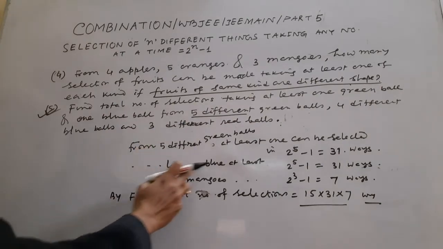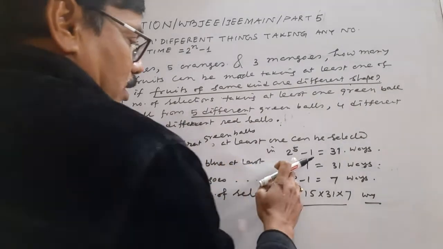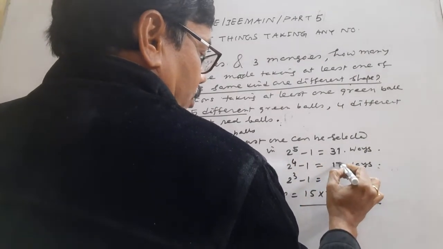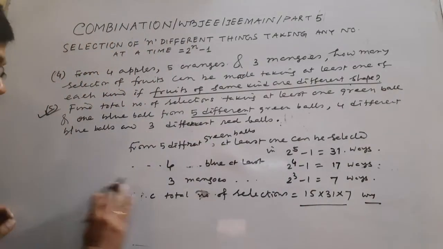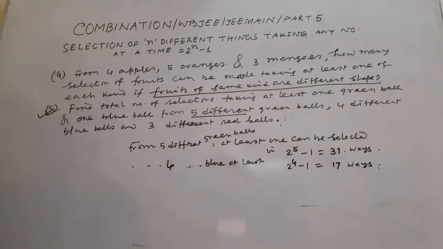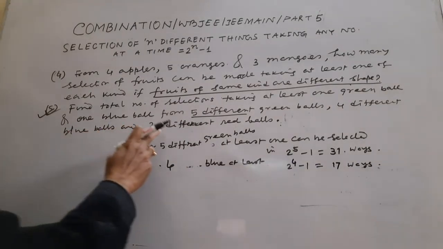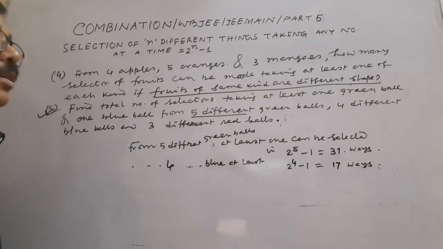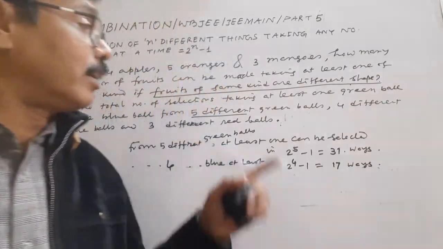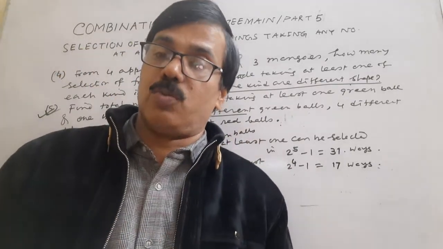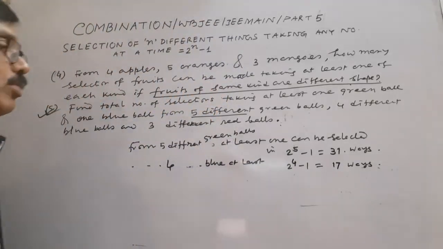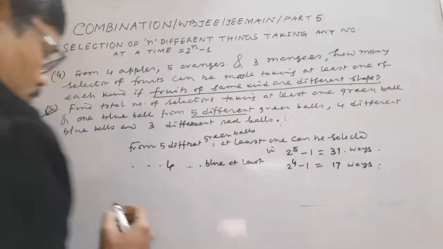So from 4 blue balls, at least 1 blue can be selected in 2 to the power 4 minus 1 equals 15 ways. Now look at the language. There are 3 different red balls, but here the restriction is not given that you have to take at least 1 red ball. This is the only difference. So here the restriction is not imposed.